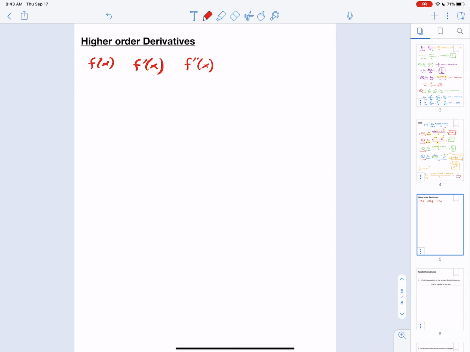The third derivative would be f triple prime of x. And then it was decided that when you get to a higher order derivative, you would write it as f, but you have to use parentheses here with the 4 of x. The way you read that is the fourth derivative, okay?